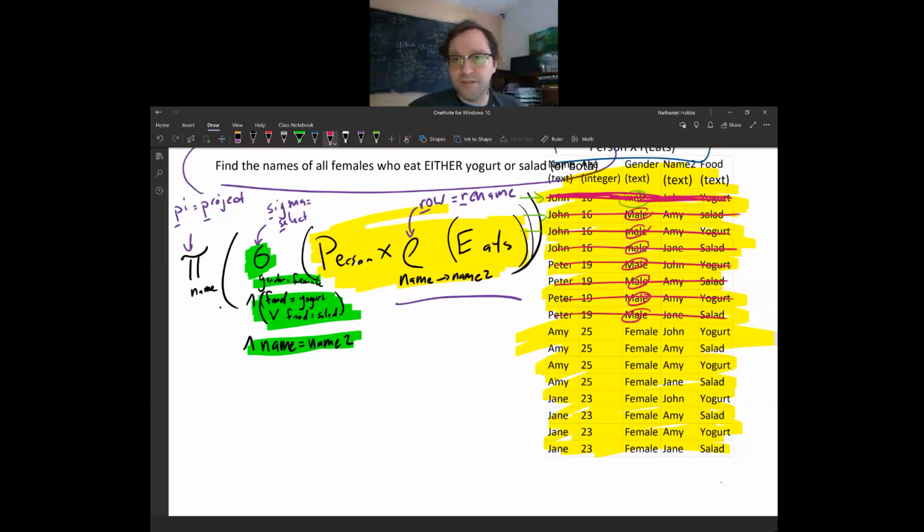Okay. And then you have to check that name 1 equals name 2, so that first row that's still there is not. Second one is Amy and Amy. The third one is Amy and Amy. The fourth one should be thrown out. The fifth one should be thrown out. Okay. The sixth one should be thrown out.